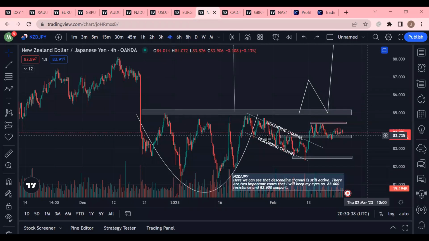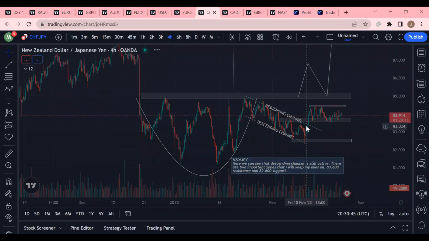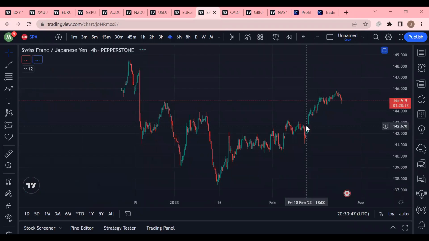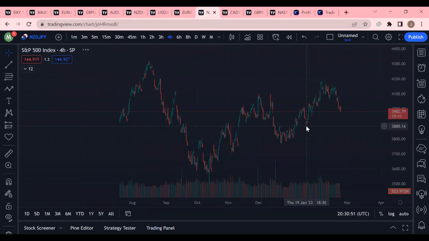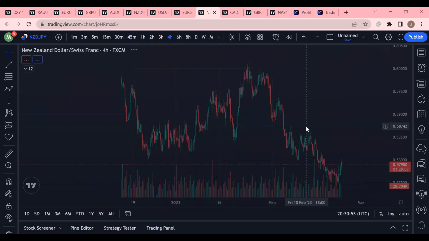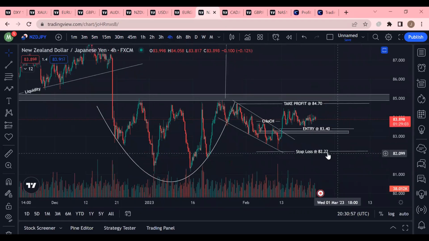This is a copper handle that is likely to break to the upside because it has broken out of the semi triangle already. Okay, so I have a setup here already. Maybe I'm waiting for this 83.40. My stop loss is here.